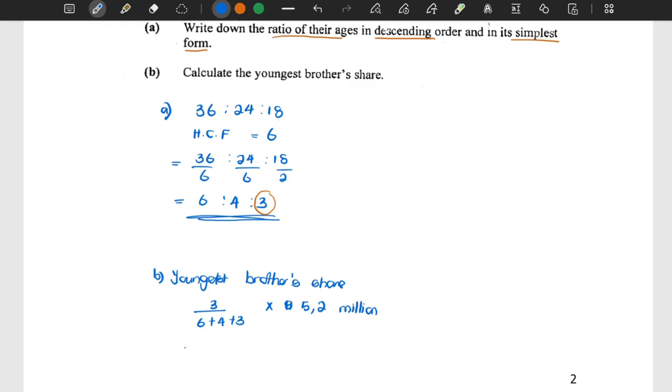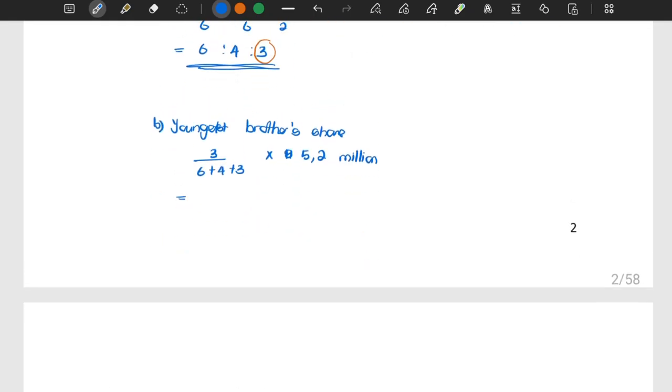Writing that in a more simplified version, that'll be 3 over 13.